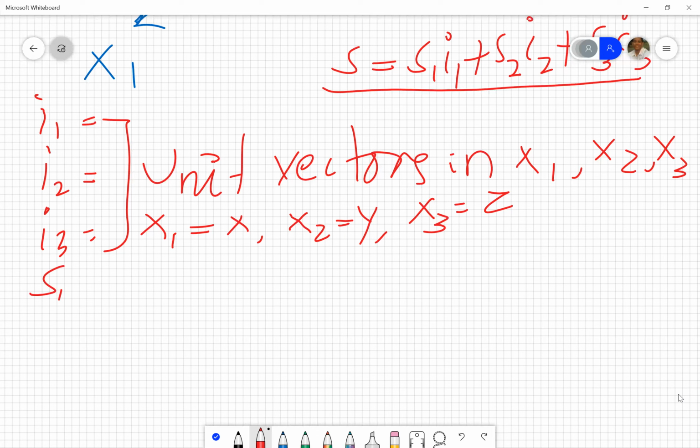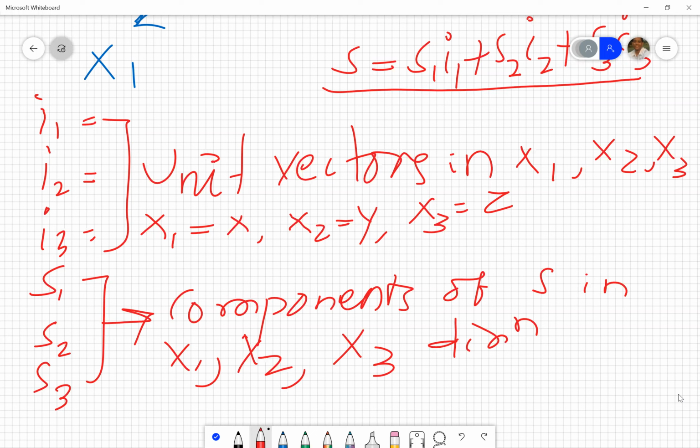S1, S2, and S3, what are they? These are all the components of the total vector S, the components of S in the x1, sorry, x2 and x3 directions. These are the components of S in total.